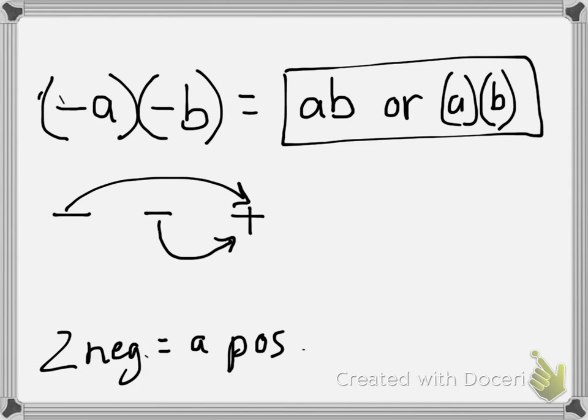So, for this last part, once again, for 9, you're going to remember that if you have one negative, so negative 3 times 5 would end up being, 3 times 5 is 15, one negative, negative 15.